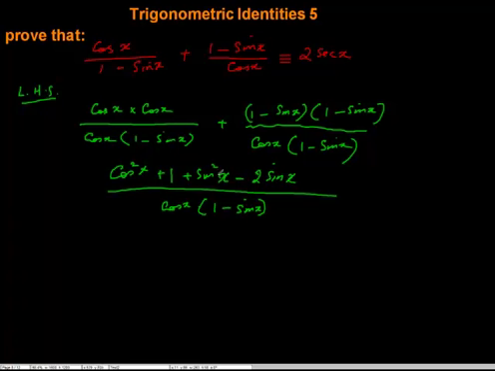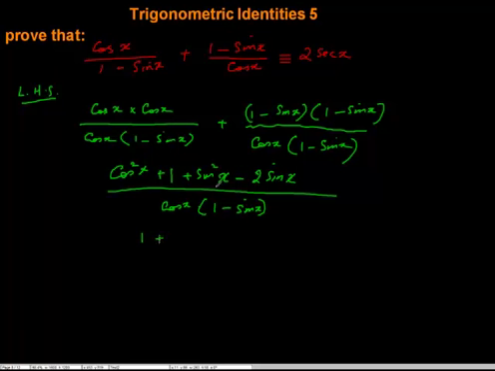I can see an identity here, which is sine squared x plus cos squared x, and we know that when we put them together, sine squared x and cos squared x in any order, that makes 1. So I've got 1 here, so I put that down as 1.